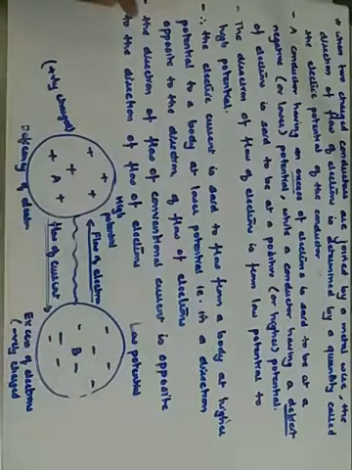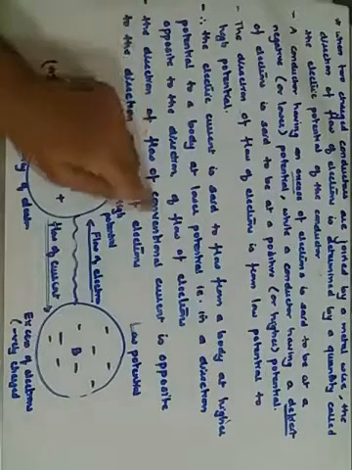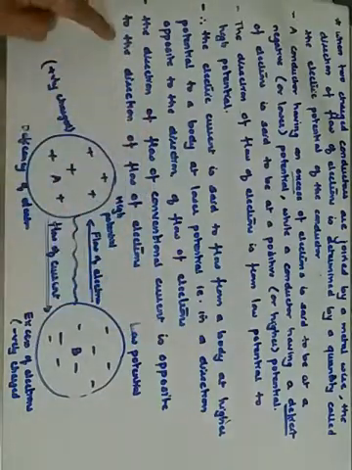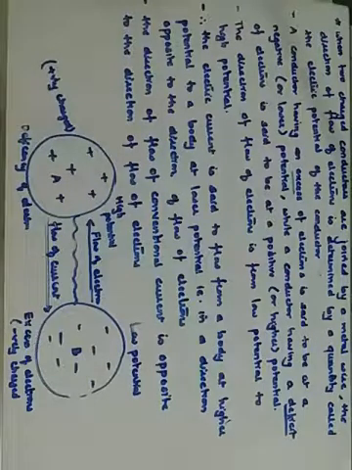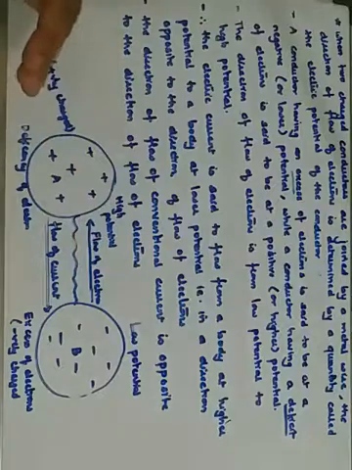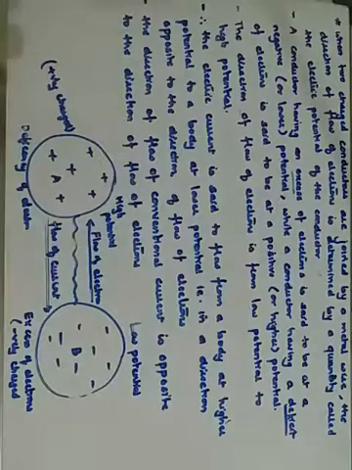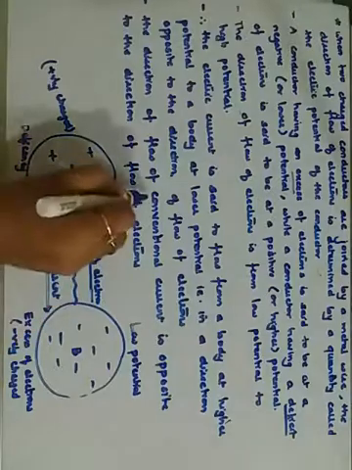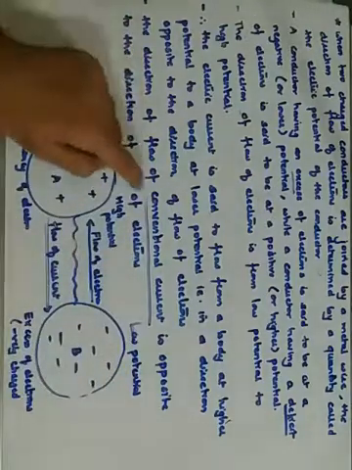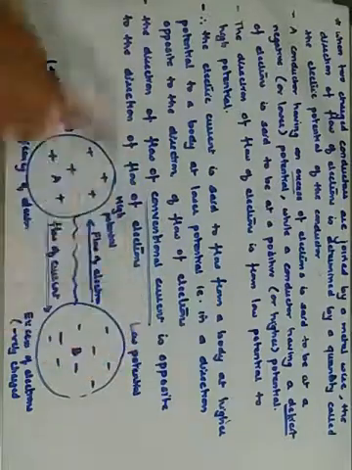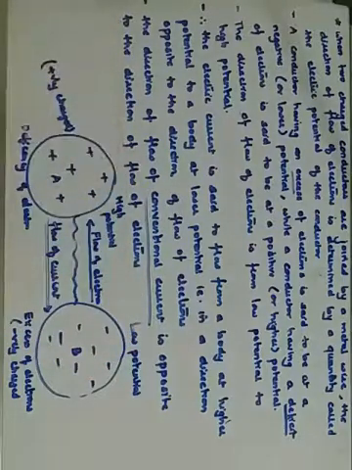Very simple. So the direction of the flow of conventional current is always opposite to the direction of the flow of electrons. That is what I told in the first part, that when the electrons are moving in one direction, the current will always flow in the opposite direction, and that opposite direction is what we call conventional current. That's why the direction of the flow of conventional current is always opposite to the direction of the flow of electrons.